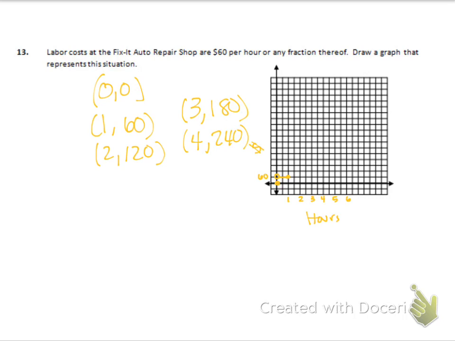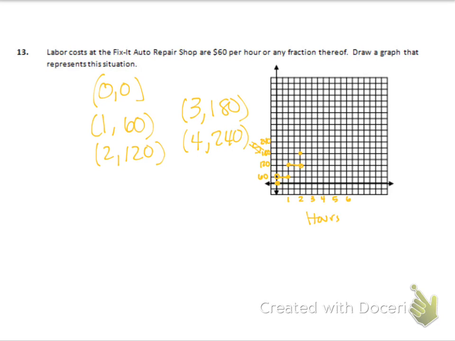This is going to be my 60. And then let's have, what am I going to go up by? 120, 180, 240. Okay, so then my next one here, I would start at 120, be going to my next set.